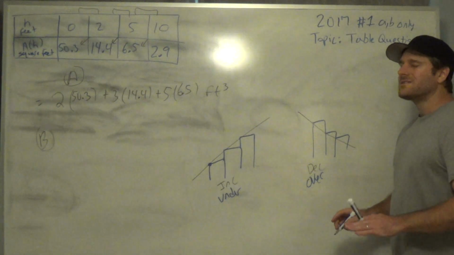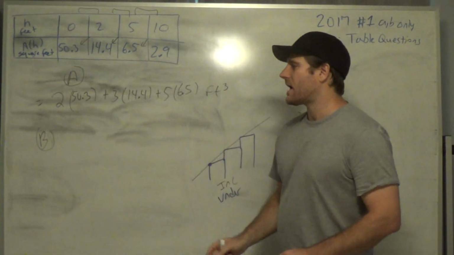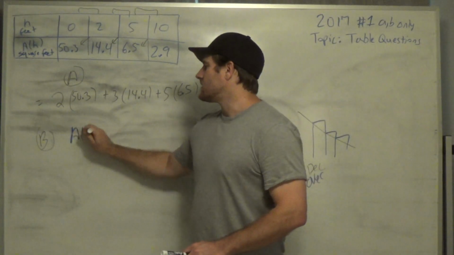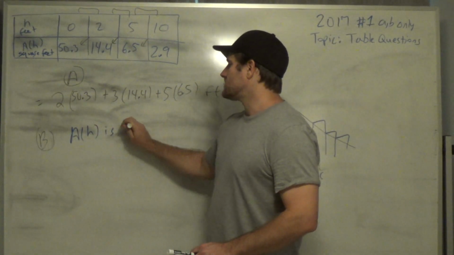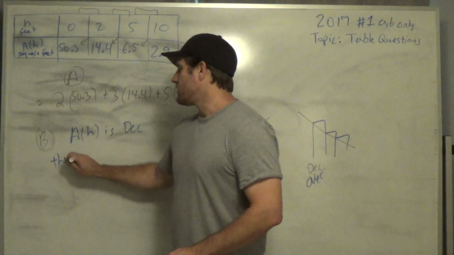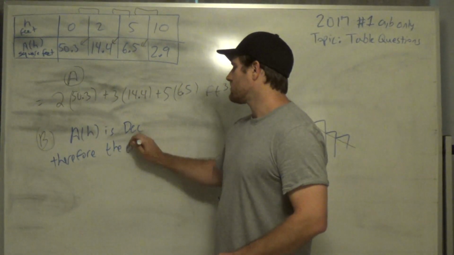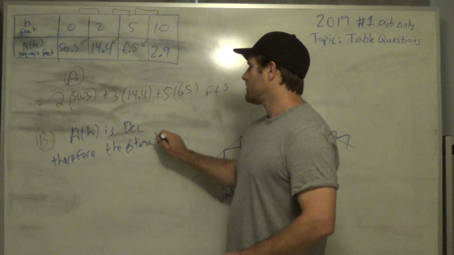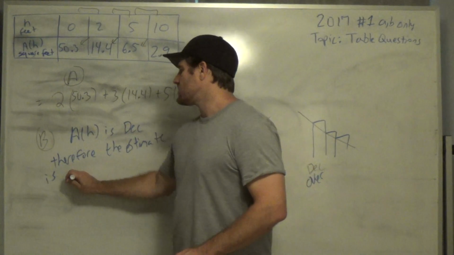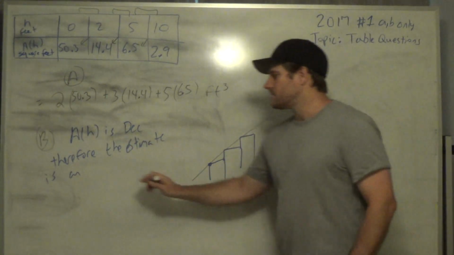Okay? It's not good enough to just say the correct one, though. If you look, you can easily see this is decreasing. So because A of H is decreasing, therefore, the estimate is an overestimate.